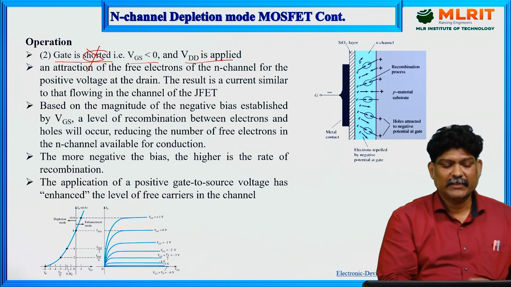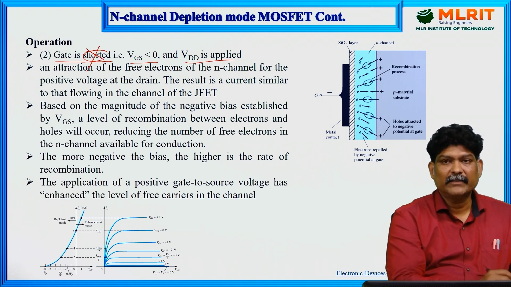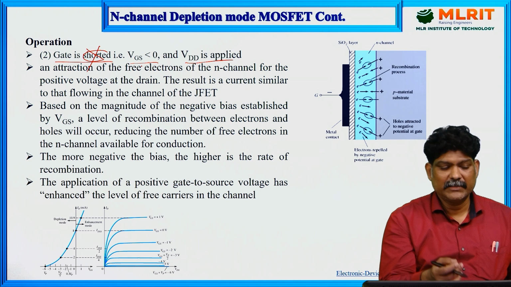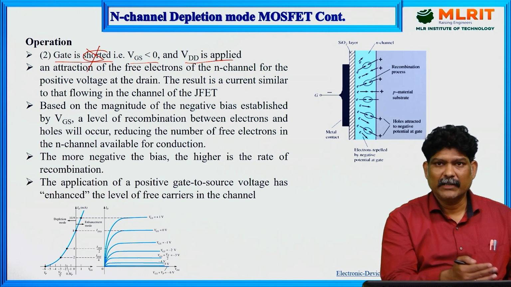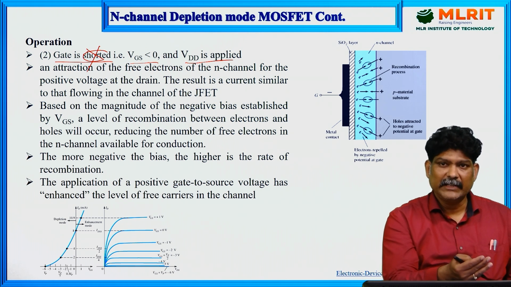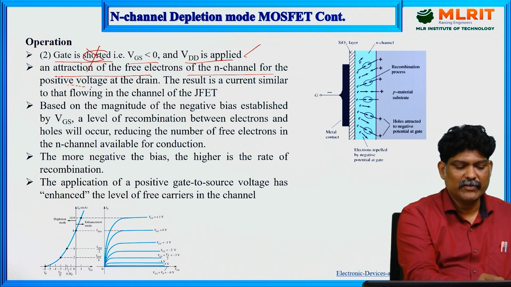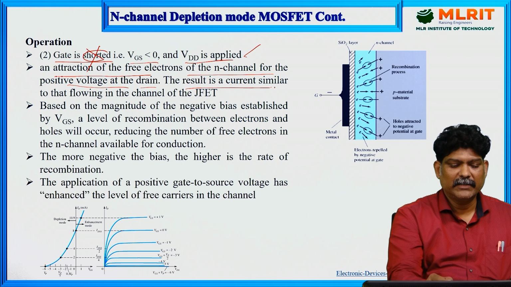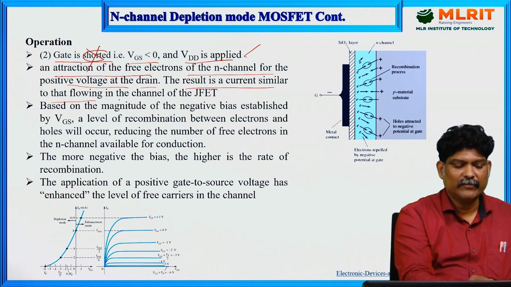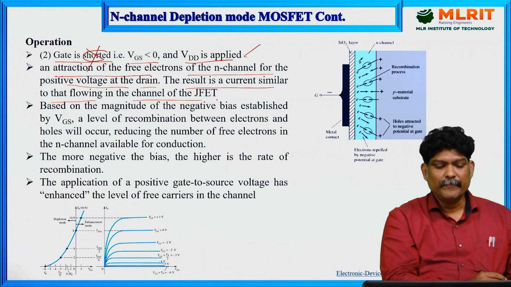We are giving some negative voltage, VGS less than 0, so we are increasing the negative voltage, or decreasing the gate to source voltage. VDS is applied, so there is an attraction of the free electrons of the N channel for the positive voltage of the drain. The result is a current similar to that flowing in the channel of the JFET.